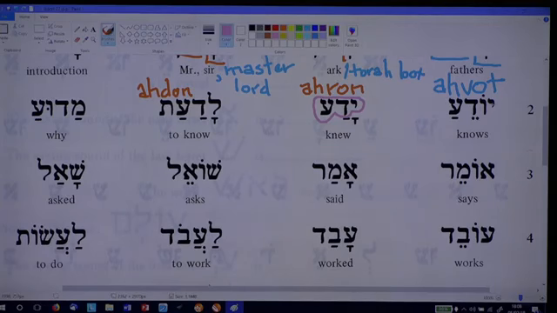Now, yud with this vav, with the O sound, vav melo, is yo, de. So you were to see that word in the text, it says, remember we said what yud was, the Y? Yo, de.